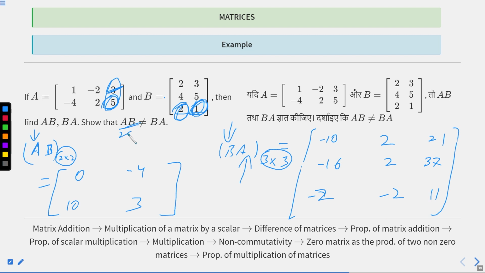So as you can see, at the first stage we can also directly say that they are not equal because the orders are different. Okay, and this is how we do our matrix multiplication. This example shows the non-commutativity of matrix multiplication.